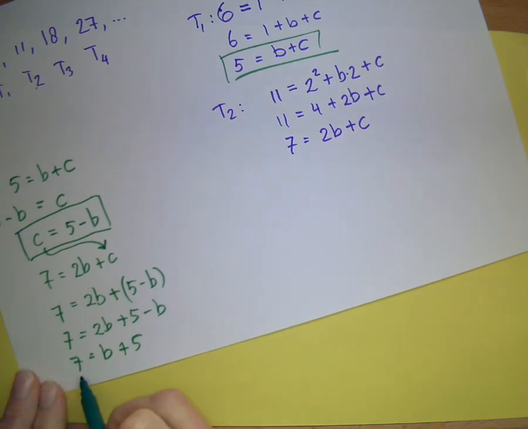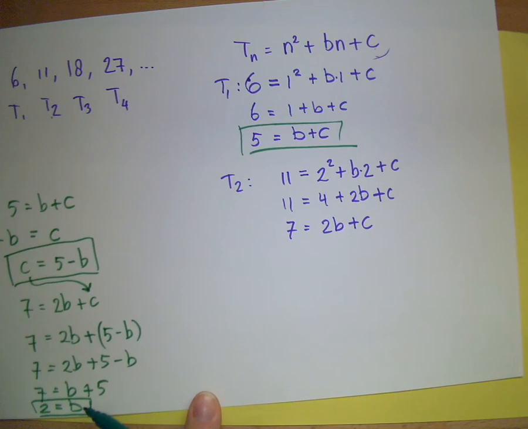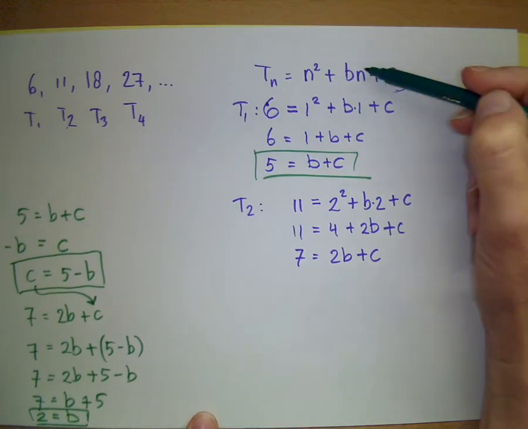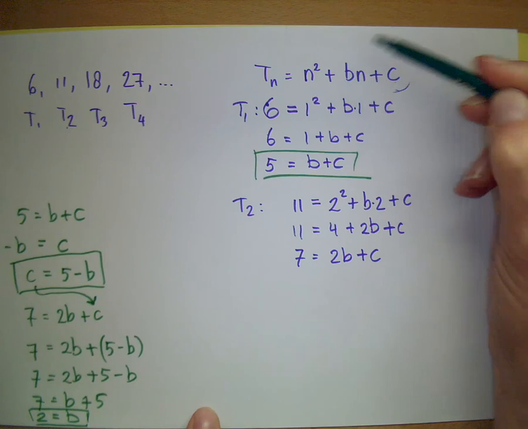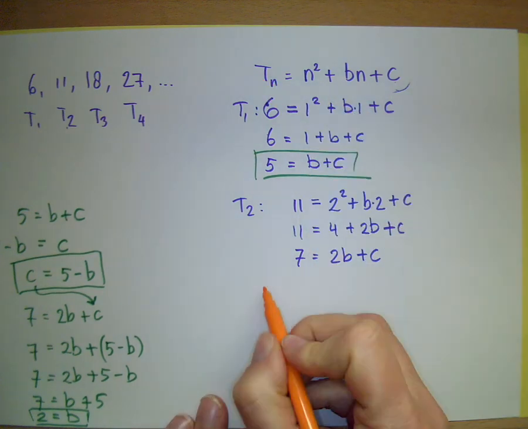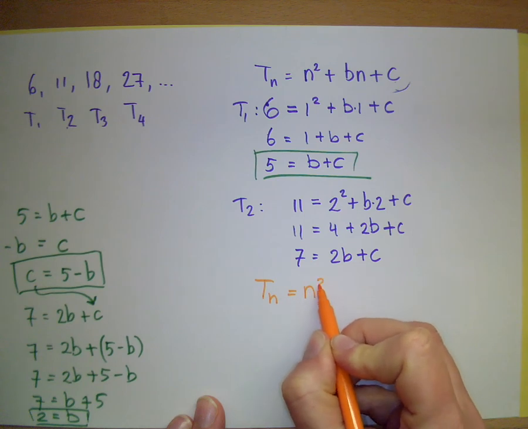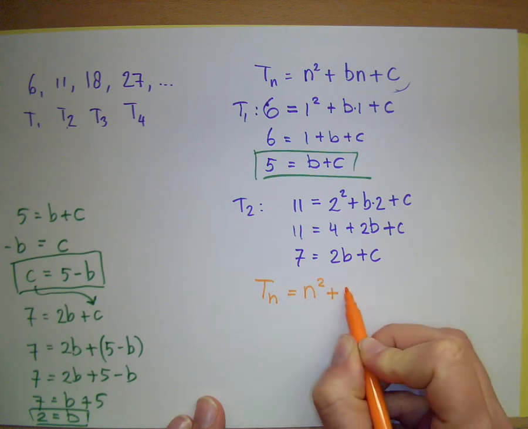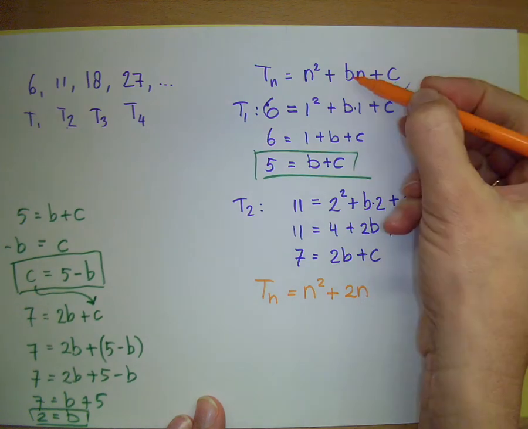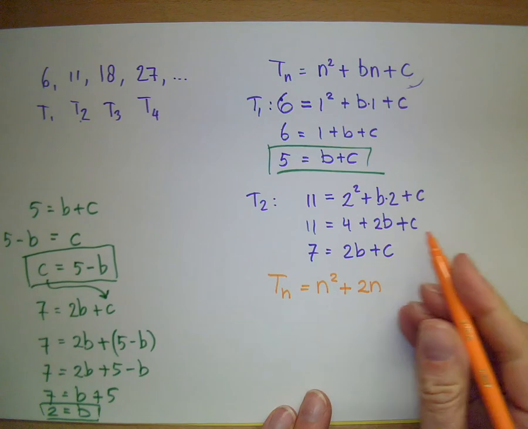Subtract 5. 2 equals b, right? 2 equals b. It's important. So I have my b. This is a 2. So I can rewrite this right now and say, I know that it's going to be 2n because b is 2. Like I found down here, I'm just plugging that in for b.